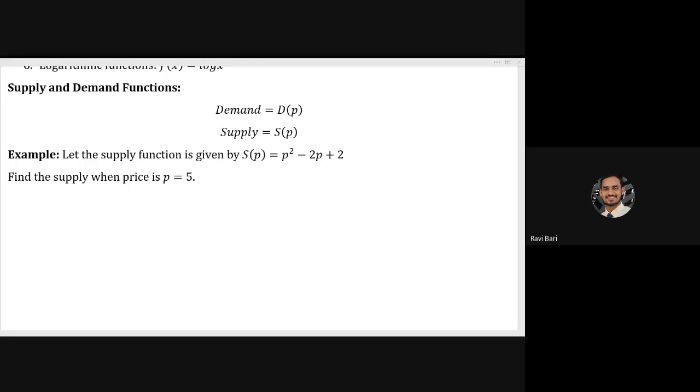So here you have to find the supply when the price is 5. Janvi is saying it is 17. Mansa Gupta is saying 17.